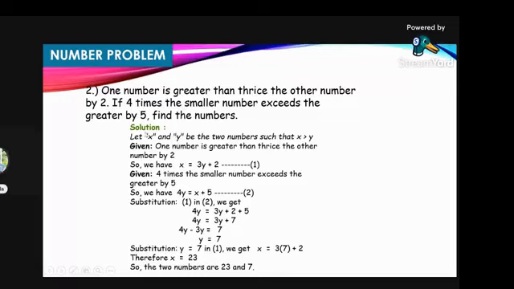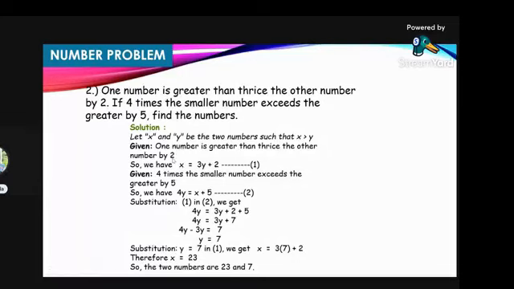Okay, so solution would be let x and y be the 2 numbers such that x is greater than y. Then we're going to segmentize the problem. One number is greater than thrice the other number by 2. So we are going to translate this first statement muna.